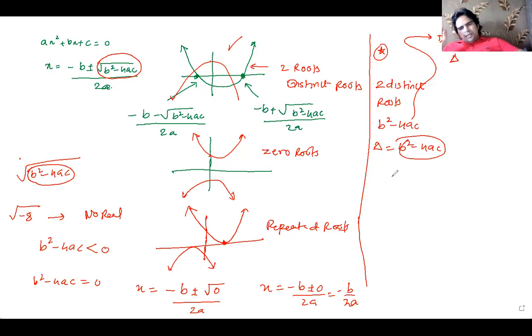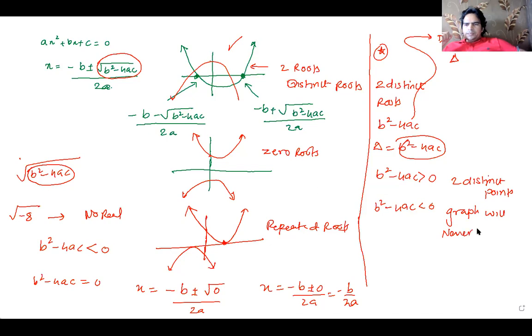So if b squared minus 4ac is greater than 0, it means that the x-axis and the graph are going to cross each other at two distinct points. When you notice that b squared minus 4ac is less than 0, the graph will never meet the x-axis.